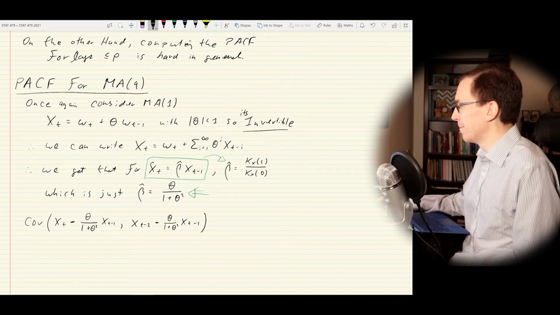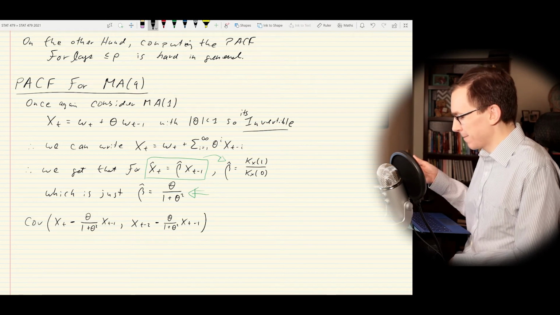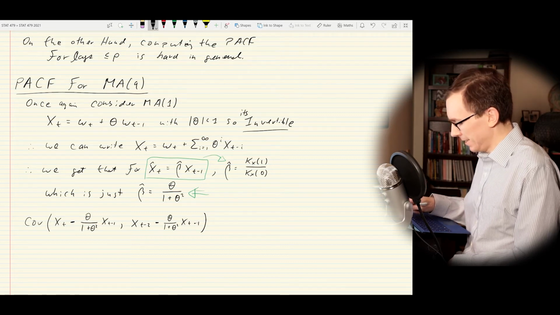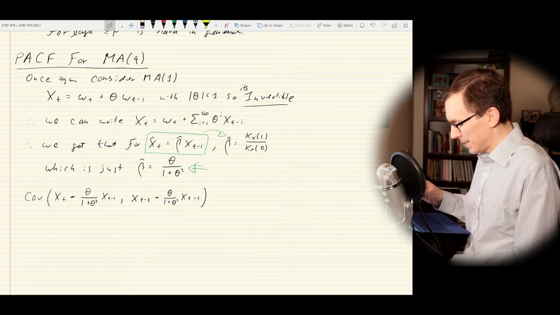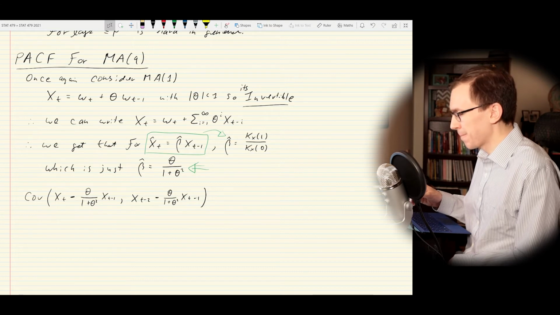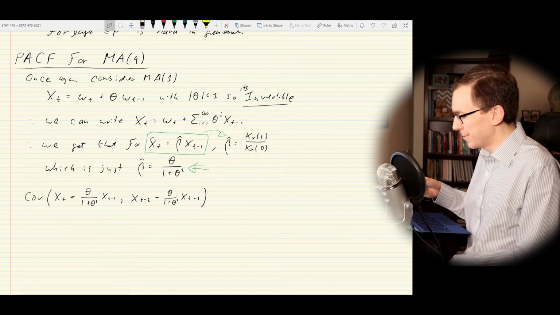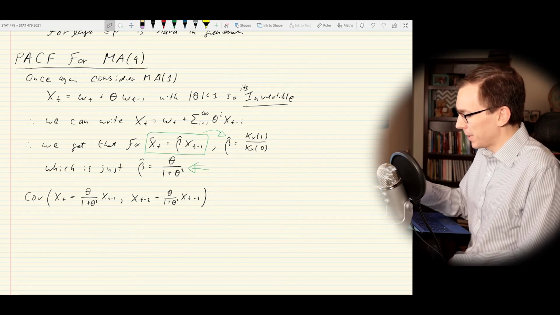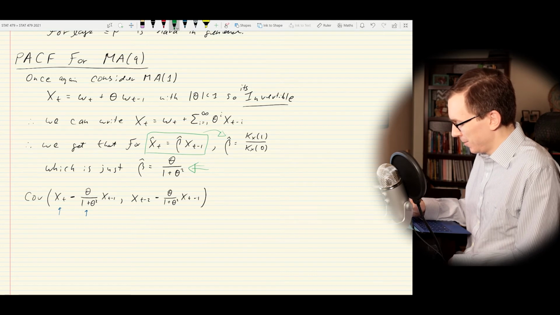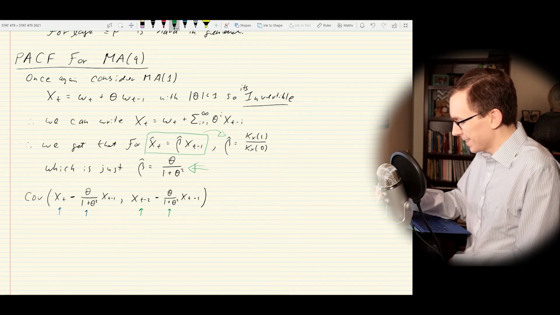But anyway, what we end up with is something that's going to look a lot like what we had last time, but not exactly. So what happens now? Well, now when we compute this covariance, we're going to use the bilinearity of covariance, and we're going to compute the covariance between each pair of one of those guys with one of these guys.